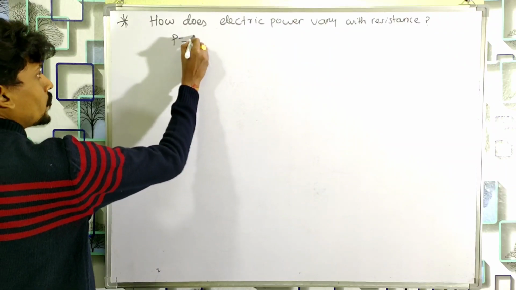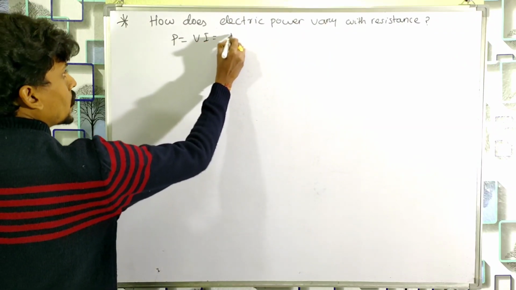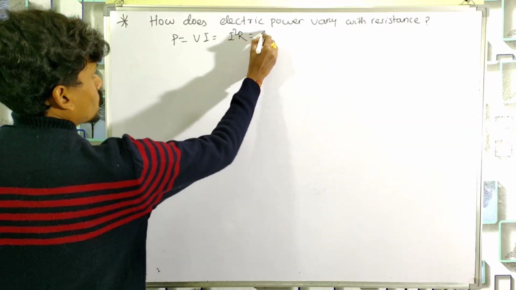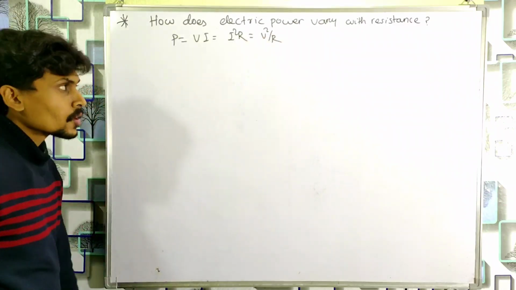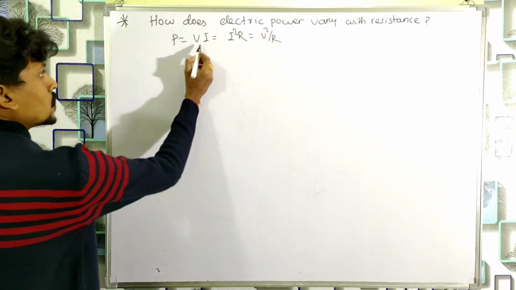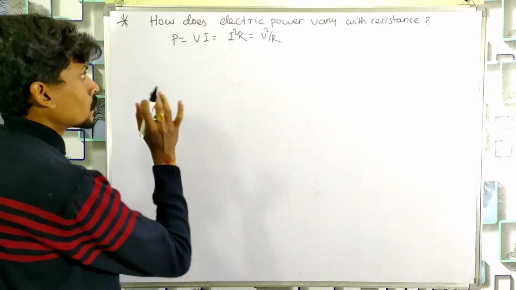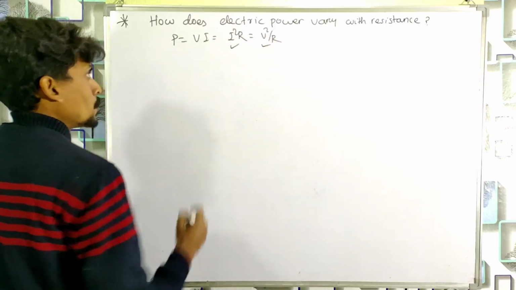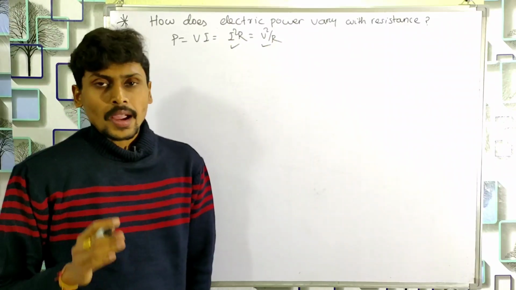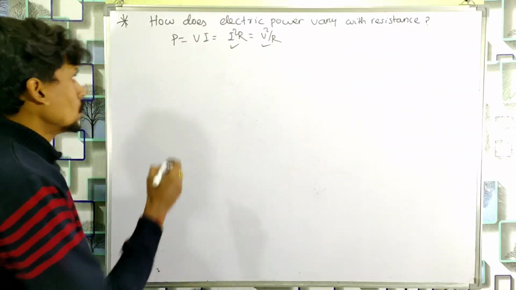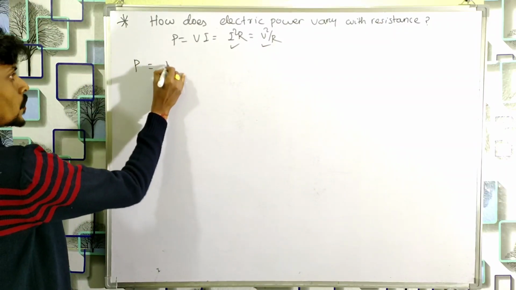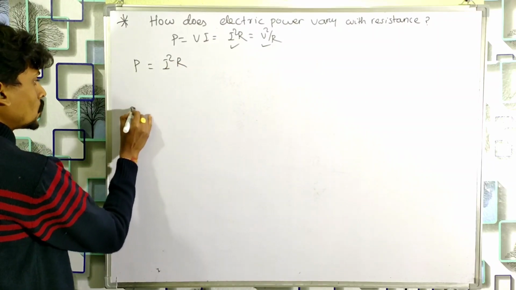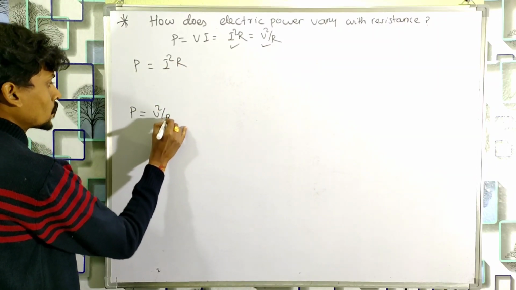P equal to VI, P equal to I square R, P equal to V square by R. Is that clear? Okay. So just ignore this formula. Now focus on these two formulas. P equal to I square R and P equal to V square by R.